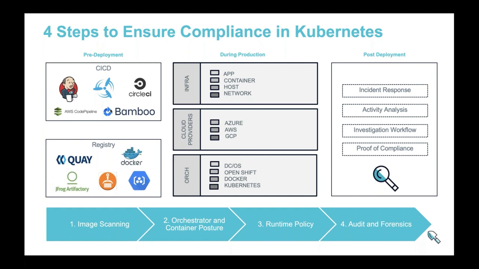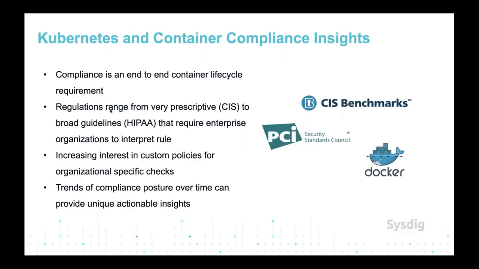So this becomes the 4 steps to really making sure your entire container lifecycle is compliant, starting from scanning, your orchestrated container posture, your runtime, and finally your audit and forensics capabilities. Some insights that we are seeing from our side that I wanted to summarize here: compliance is really becoming an end-to-end container lifecycle requirement, starting with, are my images compliant?